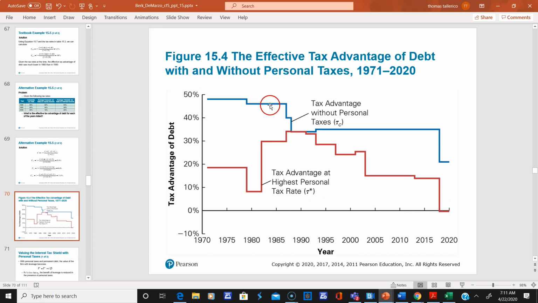So here's a graph which is a little cumbersome, but it shows the effective tax advantage of debt with and without personal taxes from 1971 to 2020 here. Blue is without personal taxes, and this is the tax advantage at highest personal tax rate.